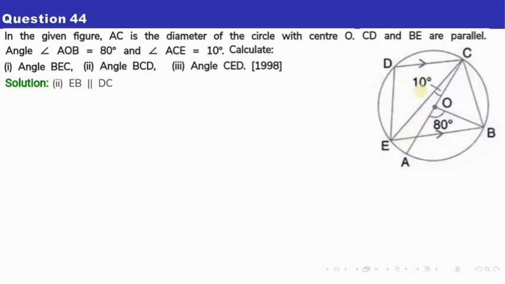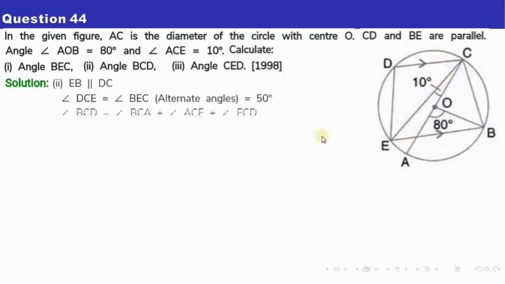So clearly from the diagram, we see that this angle and this angle, they are alternate angles, right? So that's what is written. So DCE and BEC, that is this angle, they are alternate, and BEC turned out to be just now 50 degree. So that's why this angle will also be 50 degree.